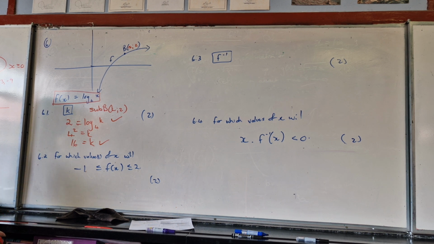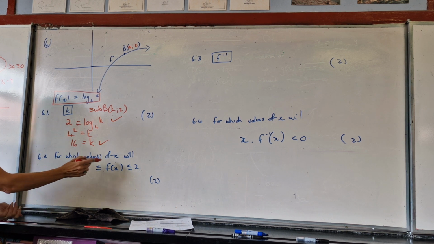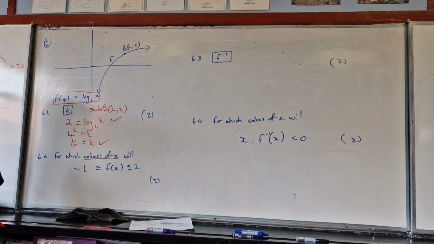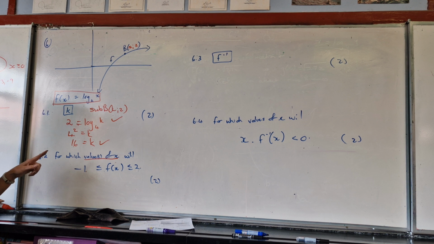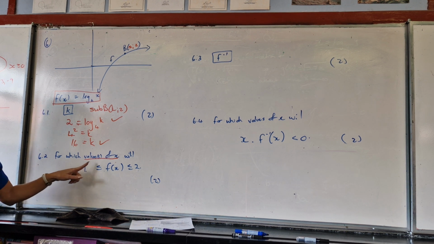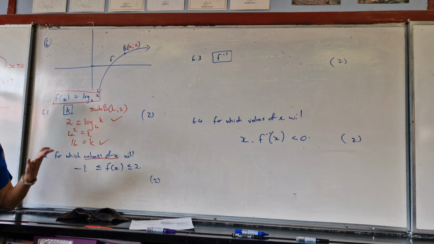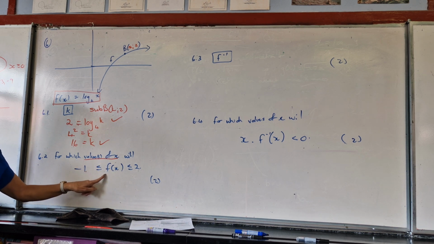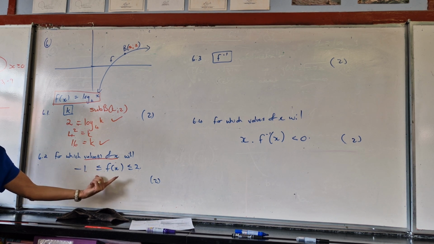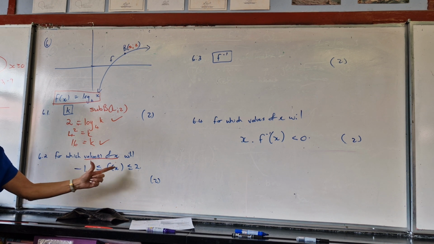Next question says, find the values of x. That's always the question, eh? Find the values of x for which something happens. What are they asking me? Because everybody can read -1 smaller than f(x) smaller than 2, but what does that mean? Where is the y value between -1 and 2?